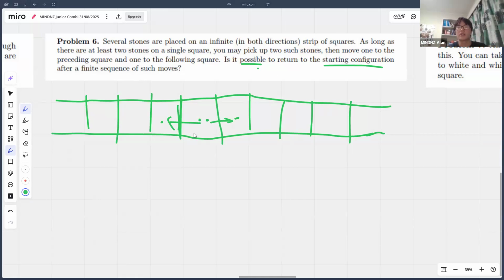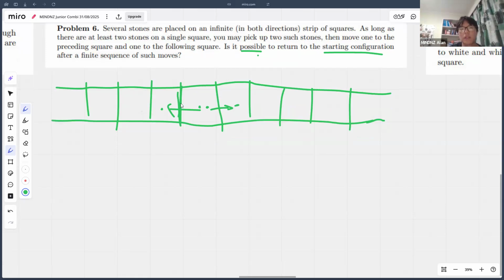Because one of them will move out, one of them will move out as well. But then we can also have, say, 2 stones in here, and then on the next move, we move this stone back, and then we move this stone out. After those 2 moves, this stone has moved out, and this stone stays the same. So overall, it's still just moving out. It's like spreading out from the center.